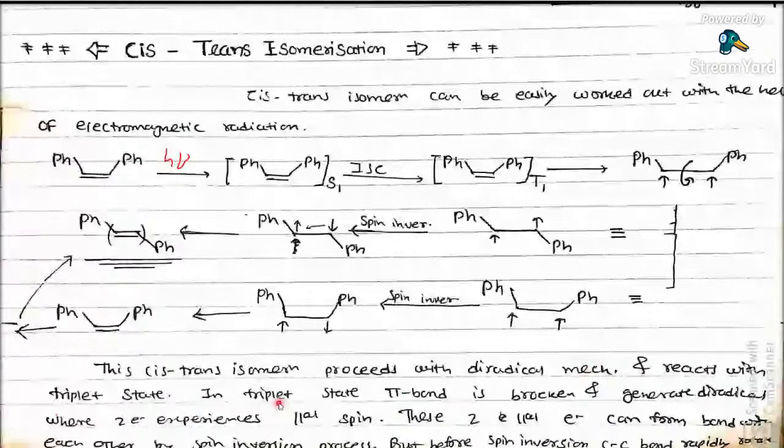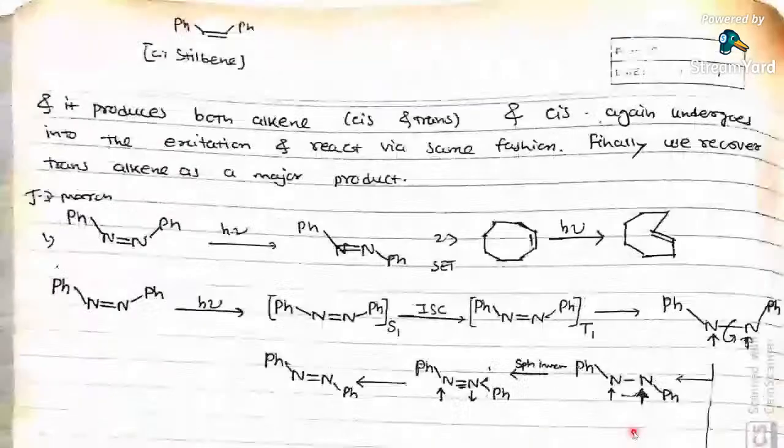In the triplet state, the pi bond is broken and generates the diradical where the two electrons experience parallel spin, and these two parallel electrons can form a bond with each other by the spin inversion process. But before spin inversion, the carbon-carbon bond rapidly rotates and it produces both alkenes, that is cis and trans, and cis again undergoes excitation and reacts in the same fashion. Finally, we recover the trans alkene as the major product.